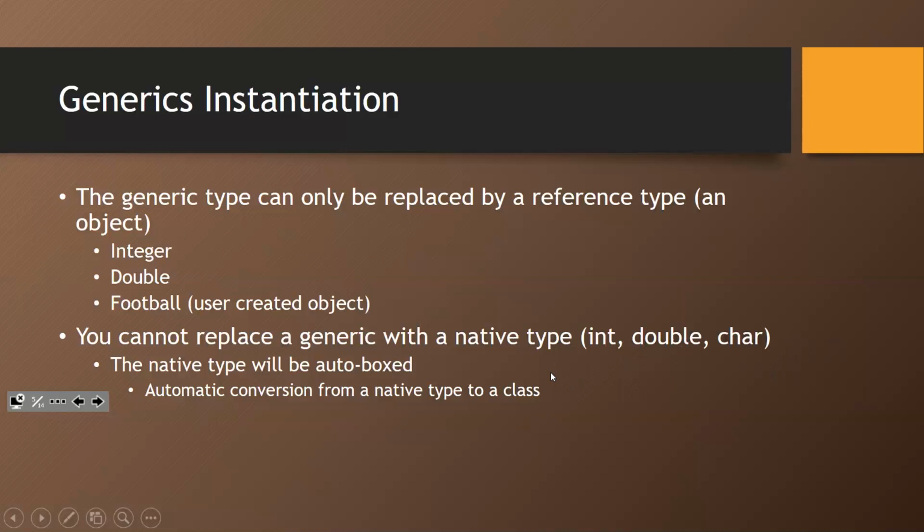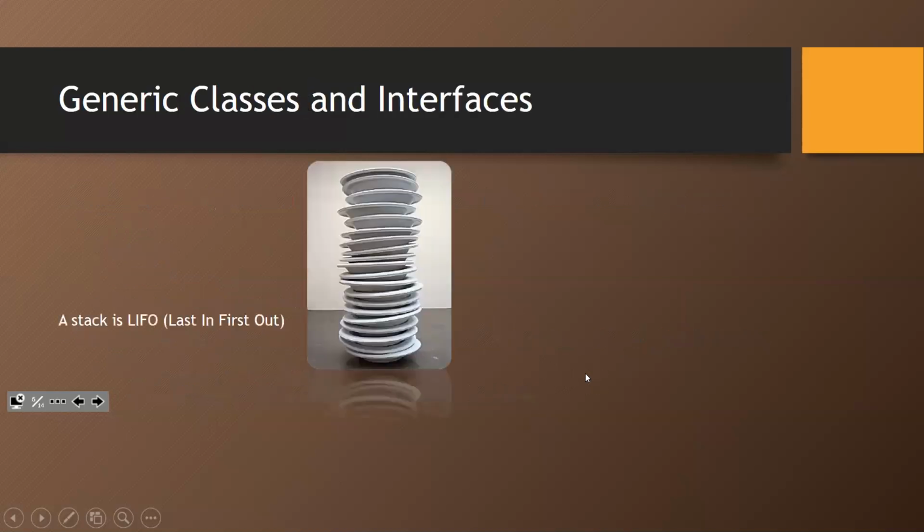That means this native data type is going to be auto-boxed in a class type object so that now it's an instance of an object. We'll talk a little bit more about that in a second, but realize there's overhead associated with that. Wasted runtime. So we have to be aware of it happening.